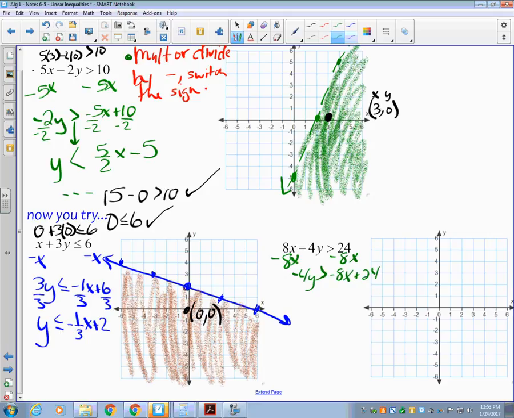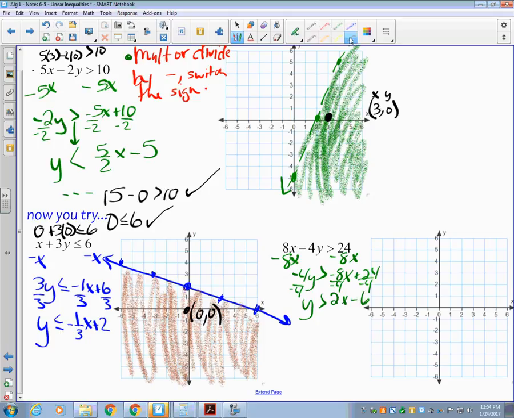Remember, I like the x's first. We're going to divide both sides by negative 4. We get y greater than negative 8 over negative 4 is 2. And 24 divided by negative 4 is negative 6.